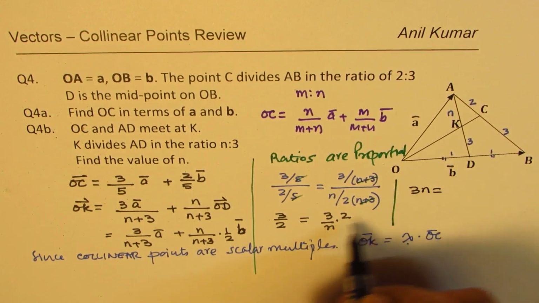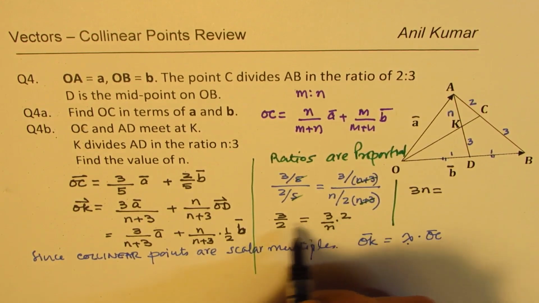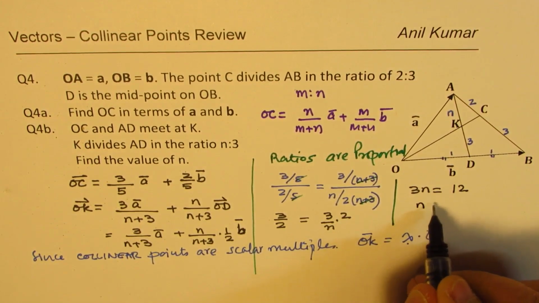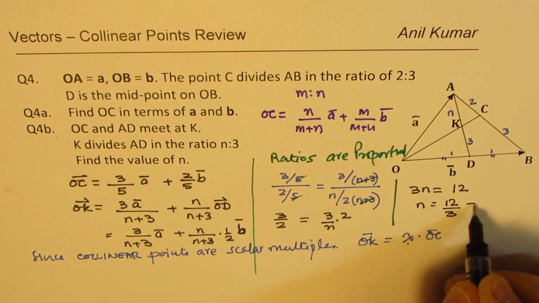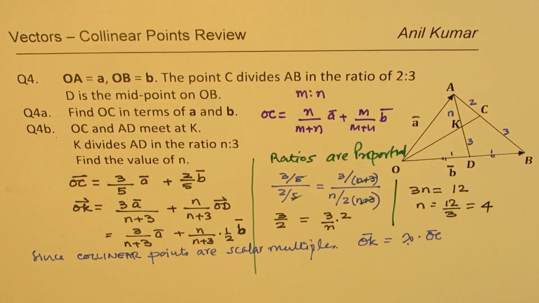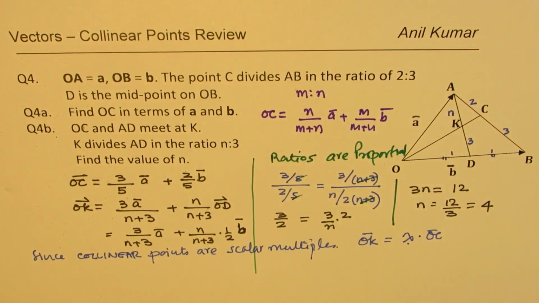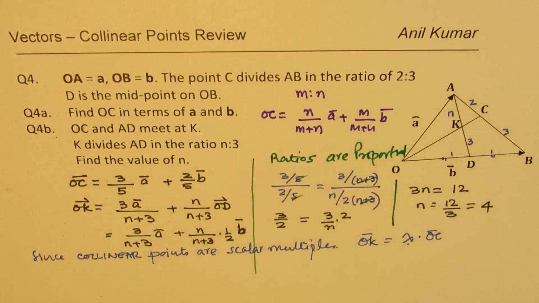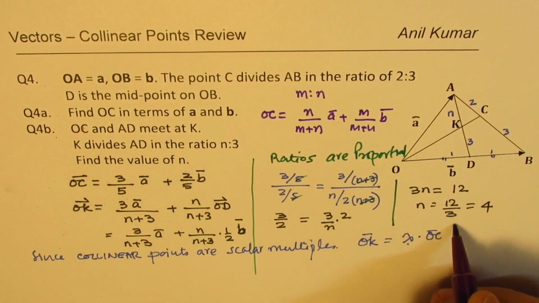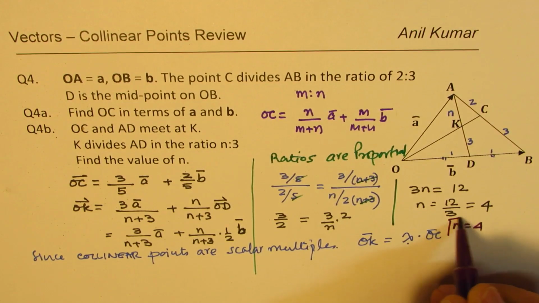You get 3n equals 6 times 2, 12, or n equals 12 over 3, which is equal to 4. You could even cancel this 3, cross multiply, and get your answer as 4. So that is how we are going to solve it. We get n equals 4.